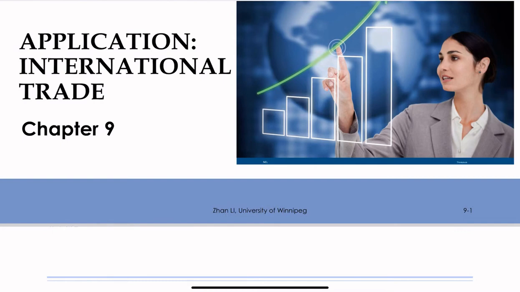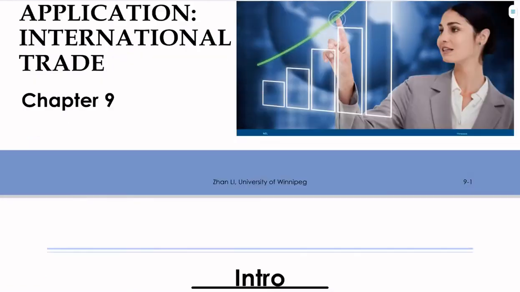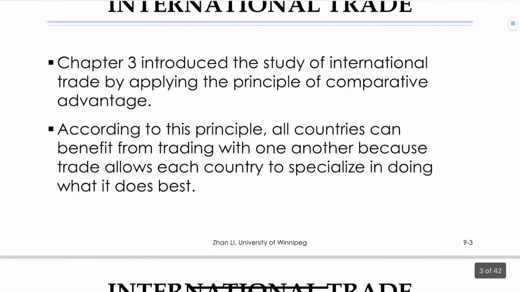What we have learned about total surplus, I think we basically discussed how tax will affect total surplus, right? So what we have learned from that chapter would be useful in this chapter when we think about the effect of tariff on total surplus. Okay, so let's start.